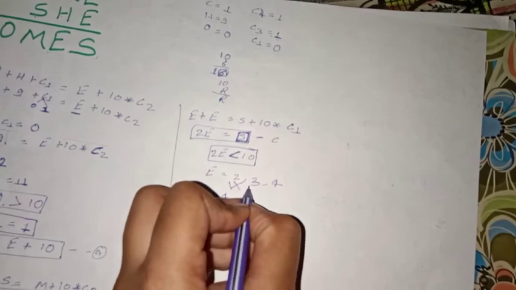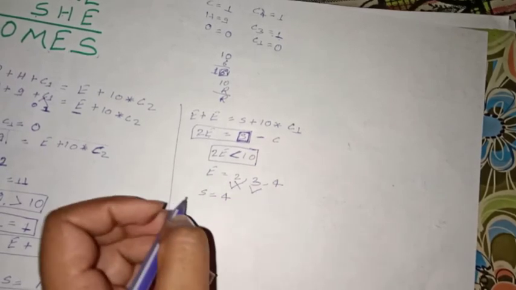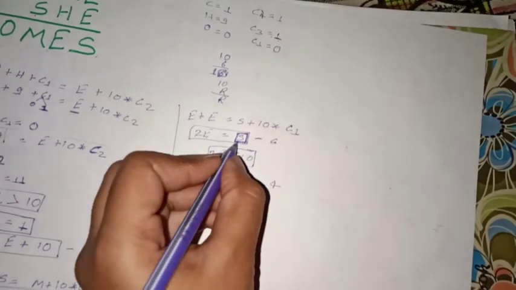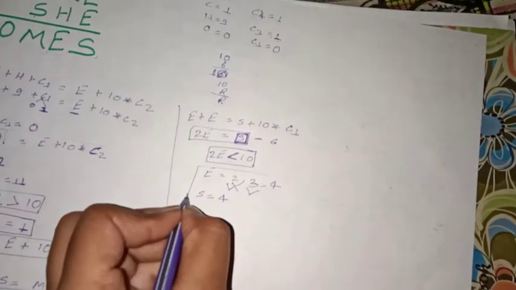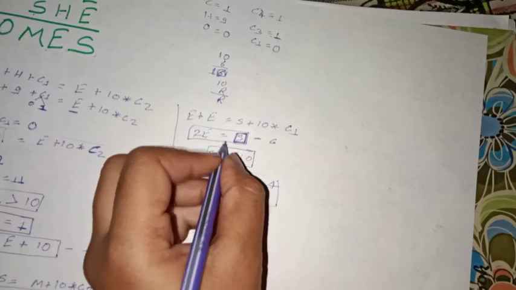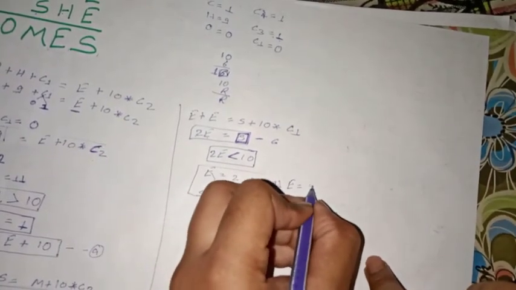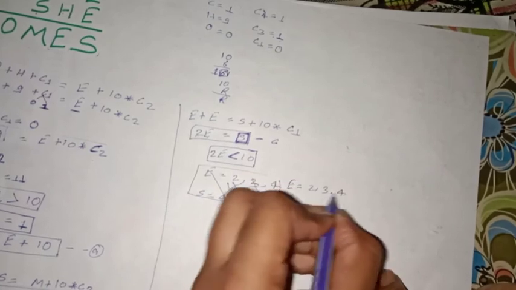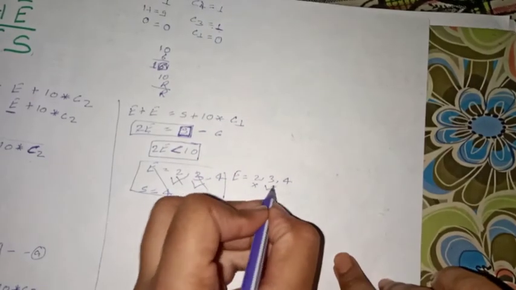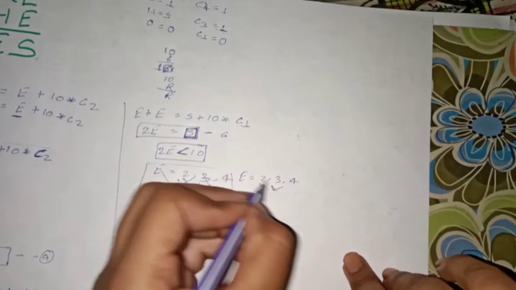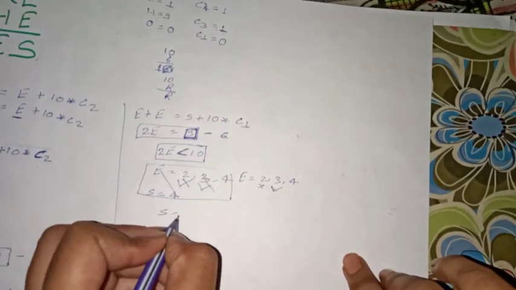So the value E equal to 2 is not possible. Now we check for E equal to 3. Then we put this value of E in equation C. Then we got S is equal to 6.